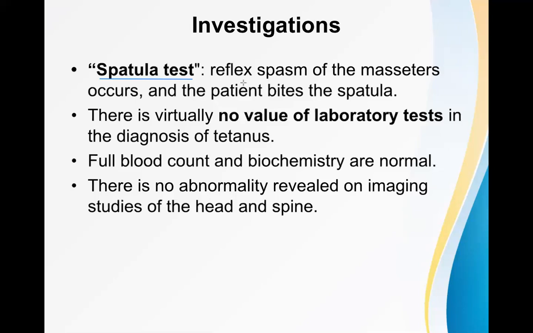This is normal, but in a person with tetanus, there is reflex spasm of the masseter muscle, and this leads to biting of the spatula by that patient. So let me repeat again. If we do a spatula test in a tetanus patient, the patient will bite the spatula. Probably I cannot put that spatula on the posterior pharyngeal wall. So think about how difficult it would be to intubate this patient if it is needed. This is really a difficult task.